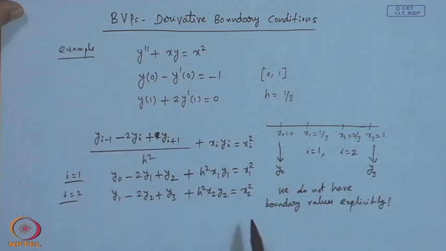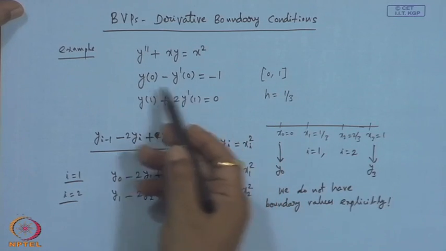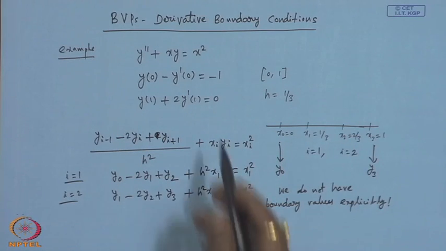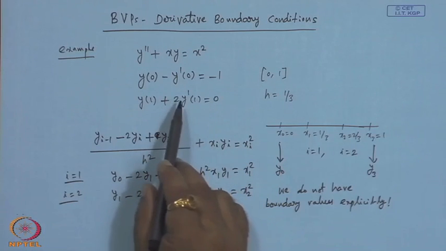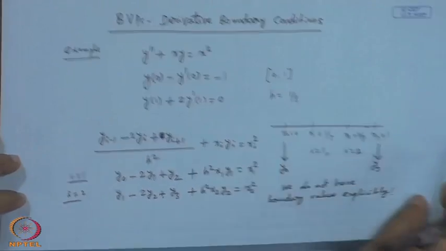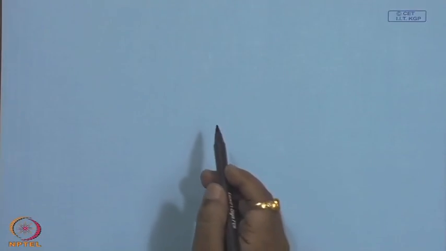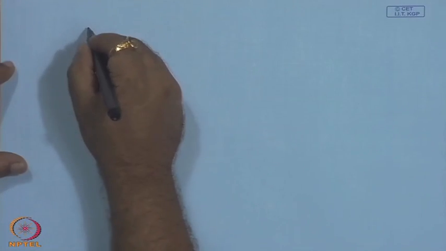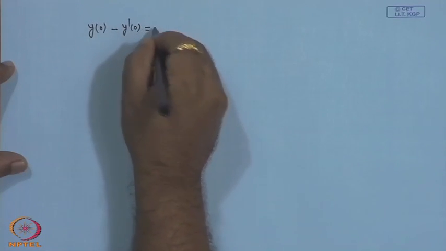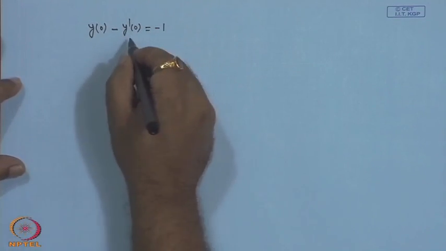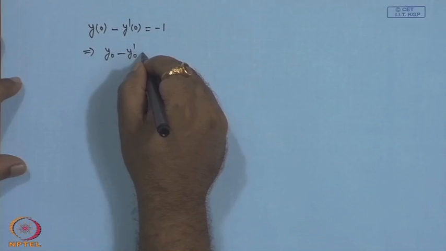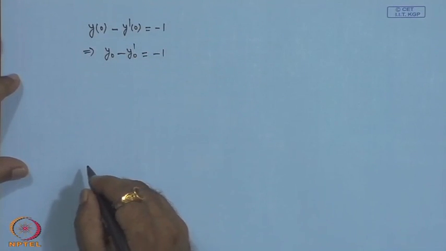One simplest solution could be, why do not we discretize the corresponding boundary conditions? Yes, for sure we can discretize. For example, consider this, which involves y 0. So, this means y 0 minus y 0 prime equals -1.